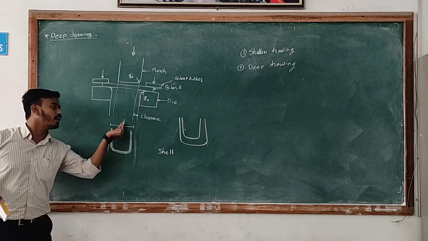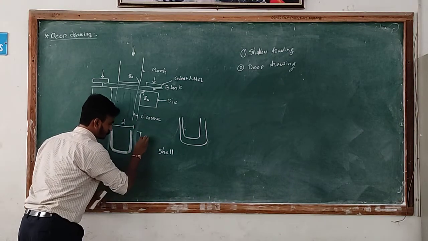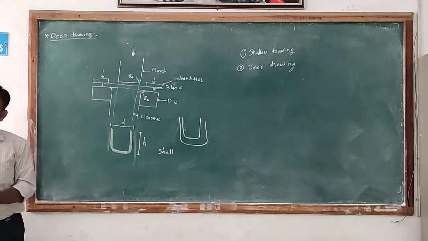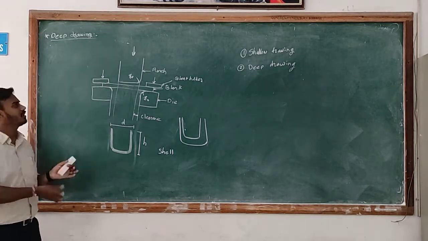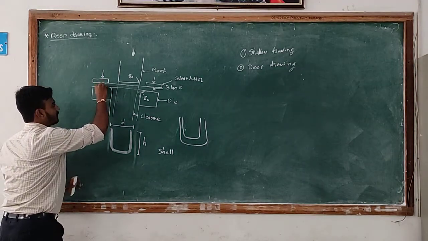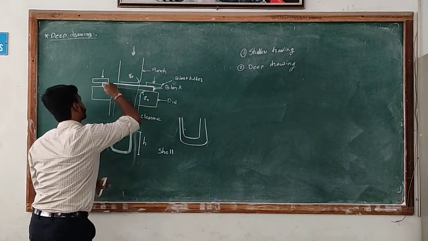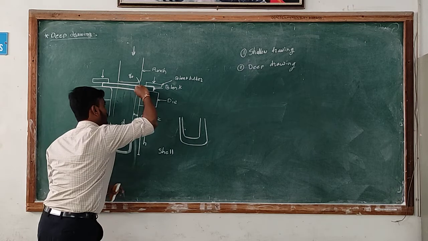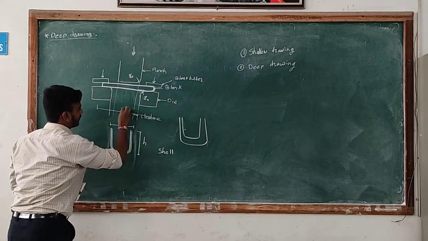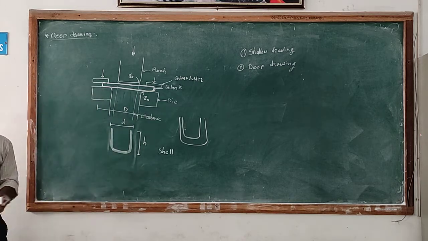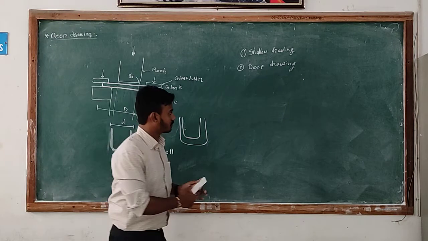Small d is the outer diameter of the shell and h is the height of the shell. This is a blank and its diameter is represented by capital D. Capital D is the blank diameter.